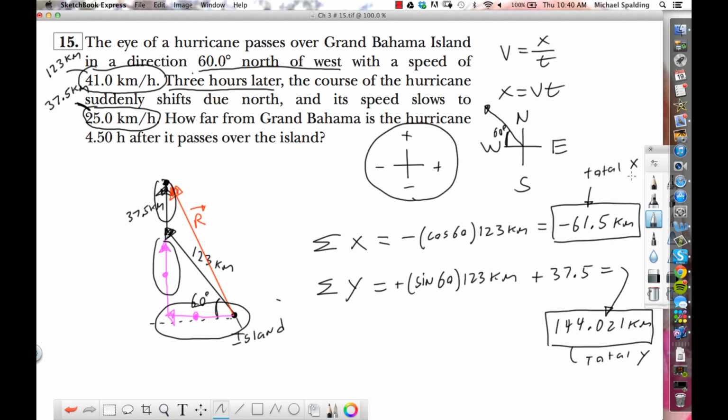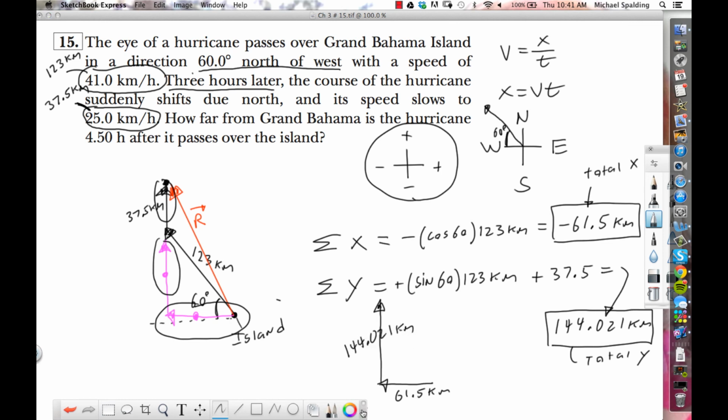Okay, so now that we have total x and total y, what do we do? Put them tip to tail. Here's total x, 61.5 kilometers to the left, and then here's our total y, make it a little longer, 144.021.